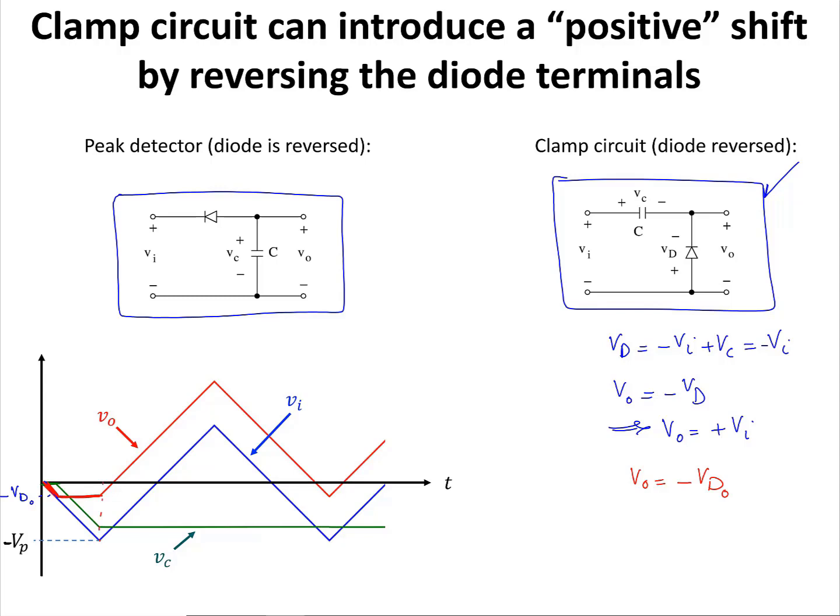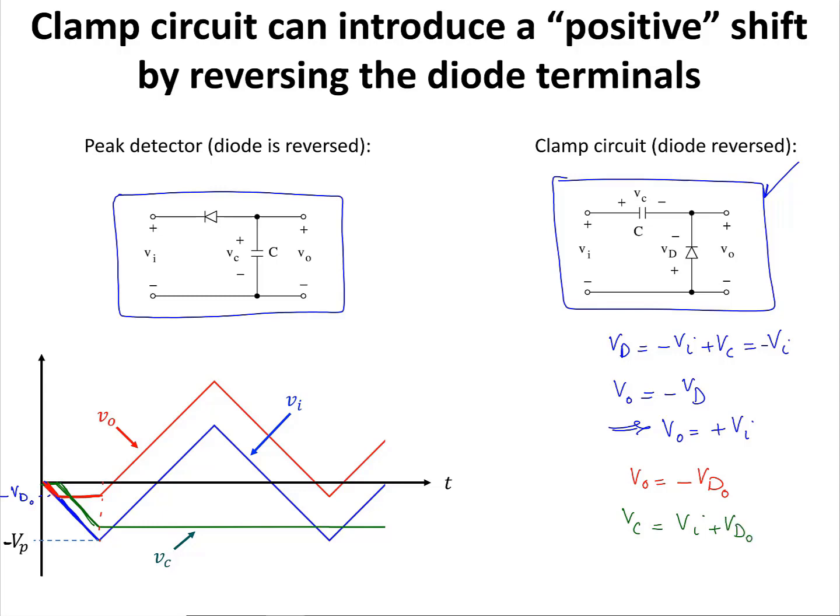Then also, while Vi was between negative VD0 and negative peak value, for these Vi values, the voltage across the capacitor was equal to VC equals Vi plus VD0.